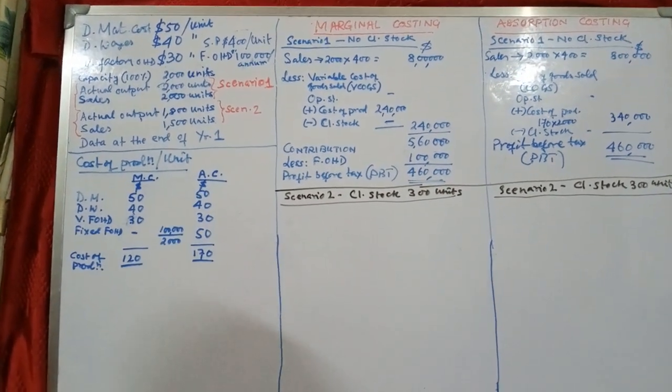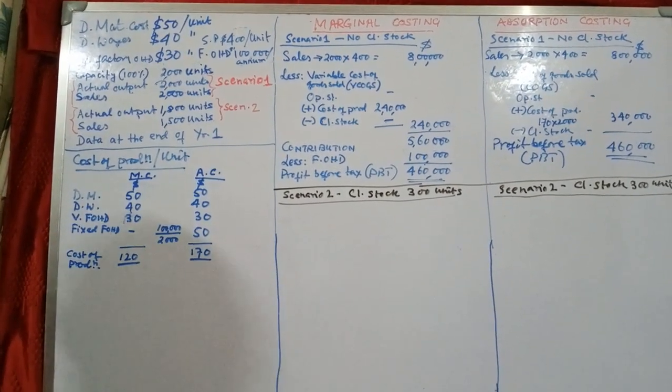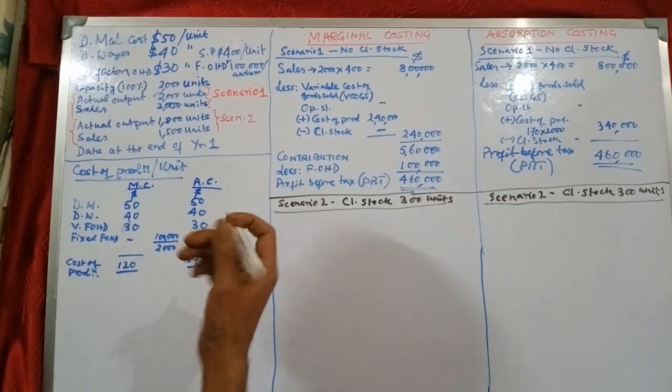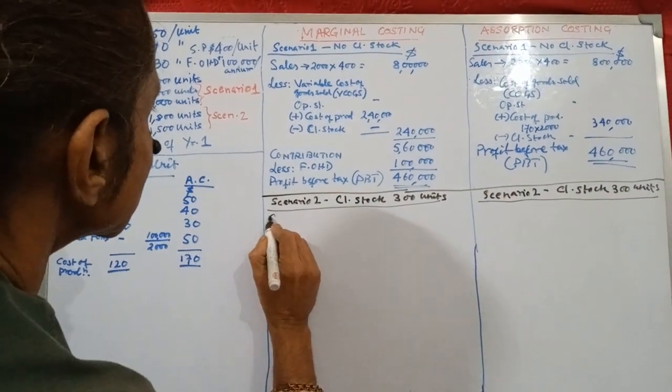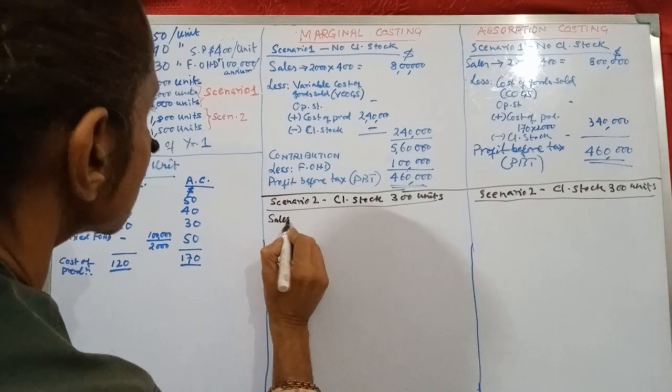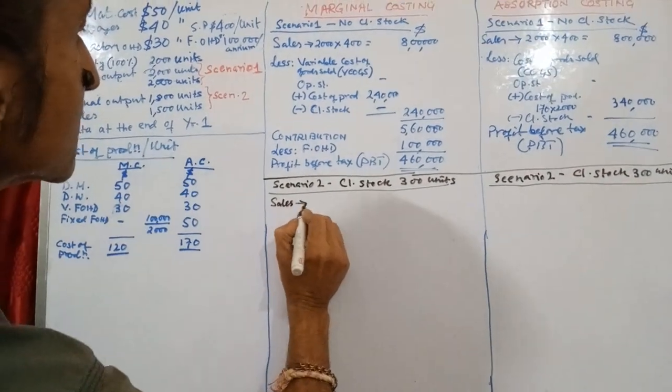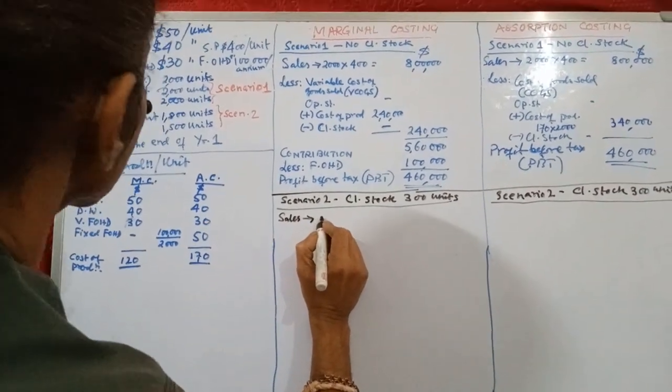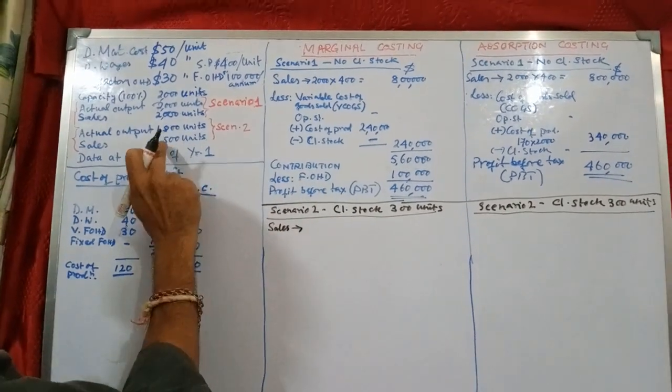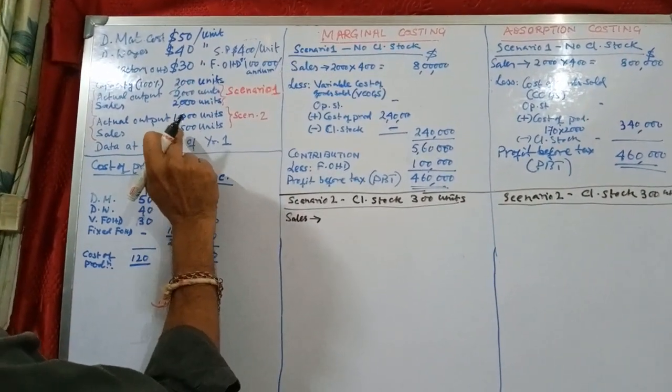We shall follow the same format as we have done right now. Sales: how many units? 1500 units.